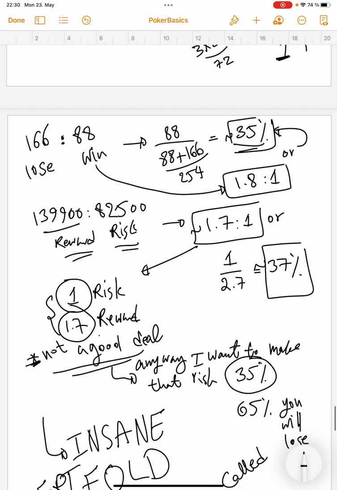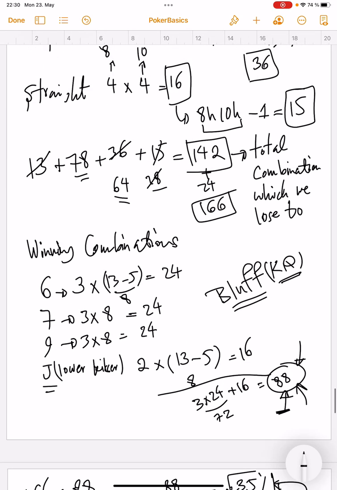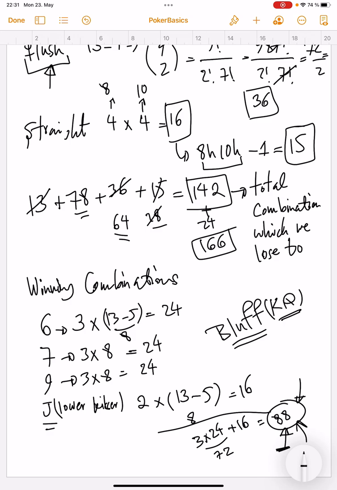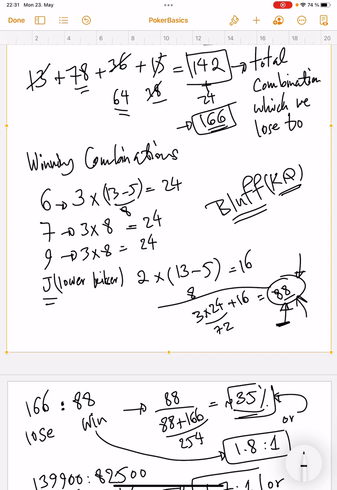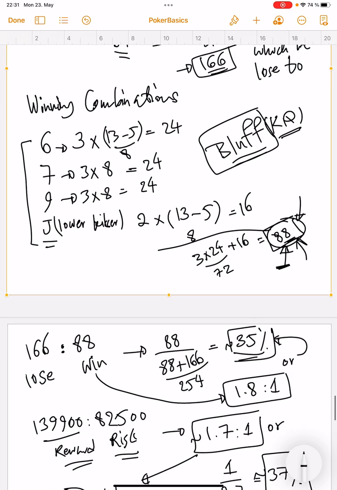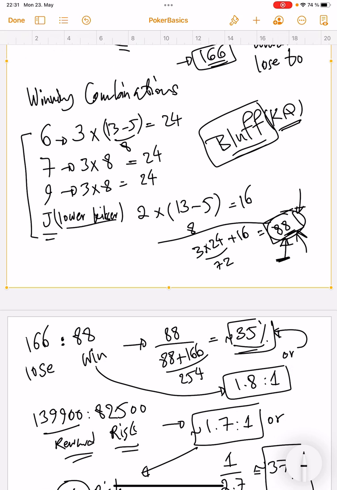It's not watertight, but we ended up with the value of 166. And the combinations that we were winning against were catching a bluff, a pure bluff, and also 88 combinations for only having one pair, which is lower than our pair, or maybe with a lower kicker.